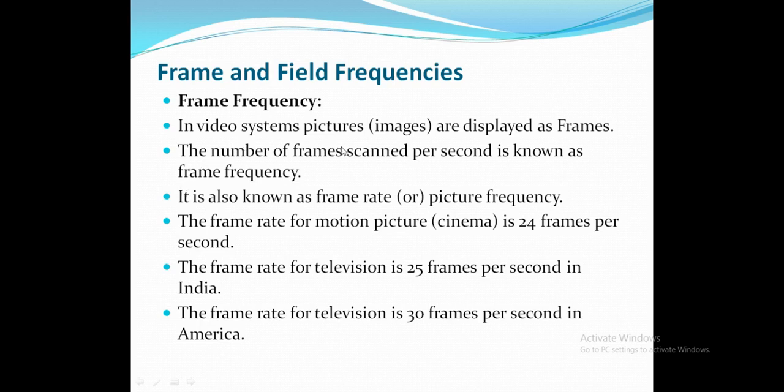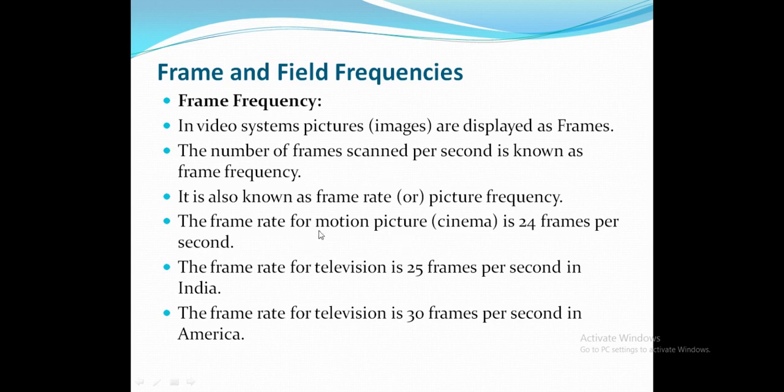So in video systems, pictures or images are displayed as frames. The number of frames scanned per second is known as the frame frequency.